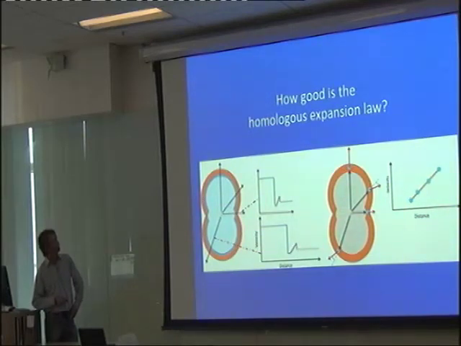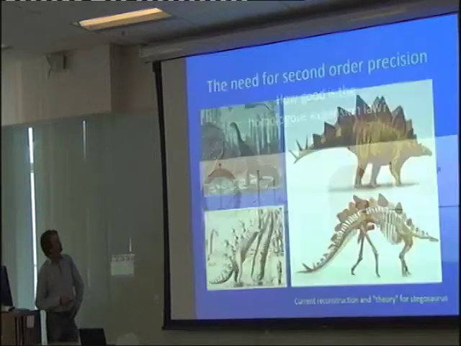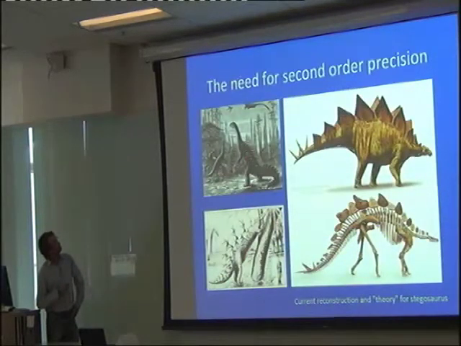But not really. And there's another point. Even if the magnitude of the velocity is kind of linear, the direction may change. And a small change in the direction has a huge impact on velocity in the PV diagrams, which you interpret as 3D structure. So what we really need is second order precision.